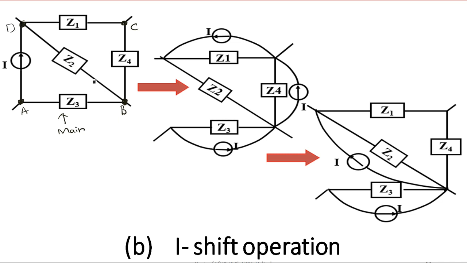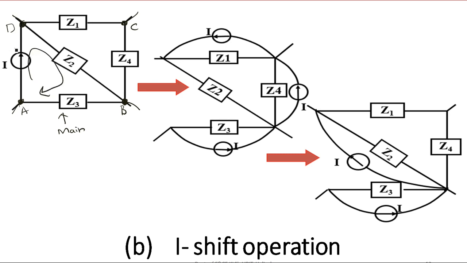Now we see that everywhere again they are diverted to some other part of the network. Keeping this in mind, we see that the current source is not in parallel with any of the impedances directly, right? So how can that current flow? We know that in this loop, this current will flow.